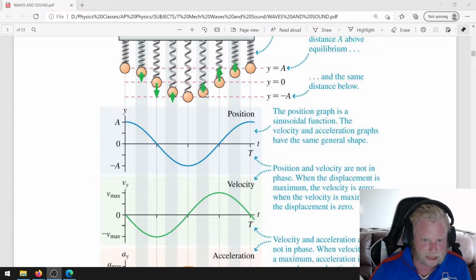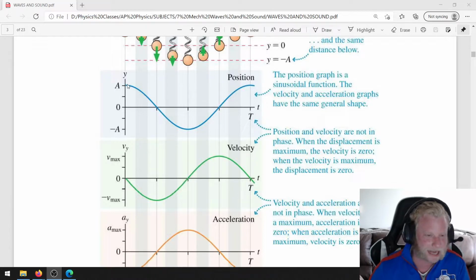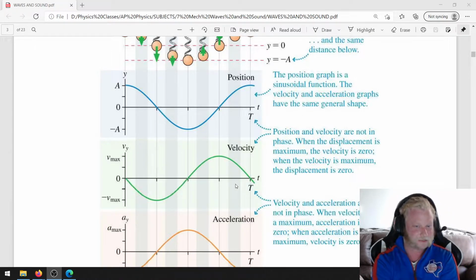As it's pulled back up, it's moving towards the positive position, so your velocity becomes positive and peaks at equilibrium position here. So you really have to imagine, when you're thinking about your position versus time graph, what direction it's moving in. And that's going to define how you sketch your velocity time graph.